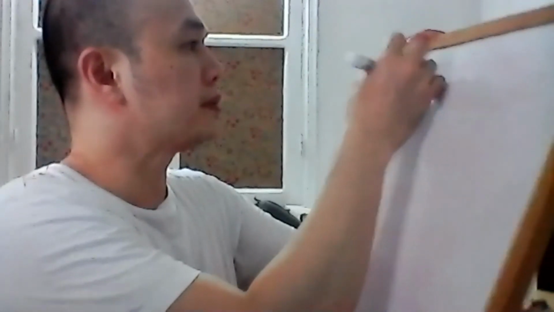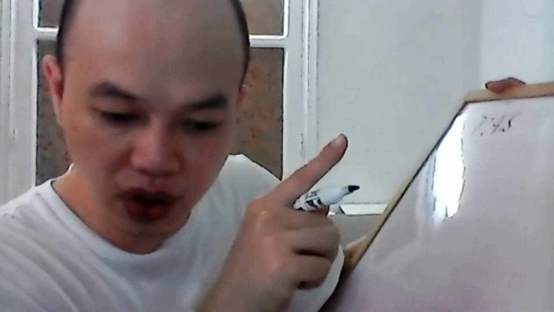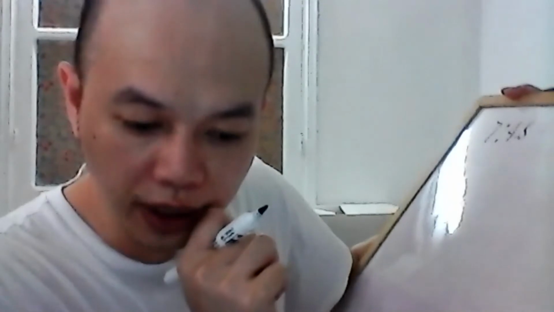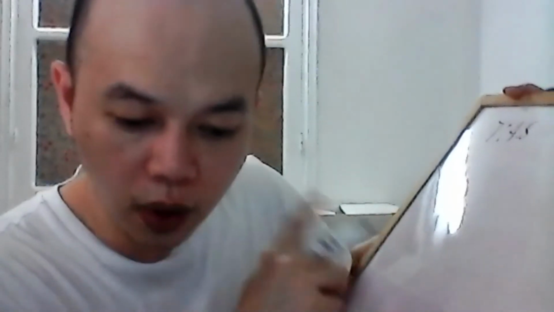Okay, so we are going to use ratio and proportion here. 7 is to 4.5, compared to the width and the height. So you need to find out how wide is the projected image. Okay, so X is to 27.